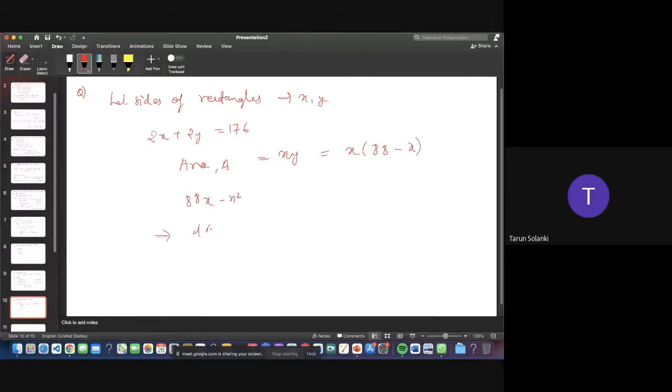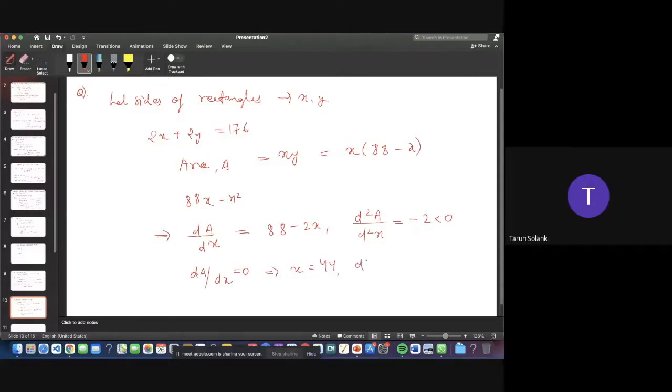So dA by dx is equal to 88 minus 2x, and d square A by dx square is equal to minus 2, which is less than 0. Now dA by dx is equal to 0, so x is equal to 44.